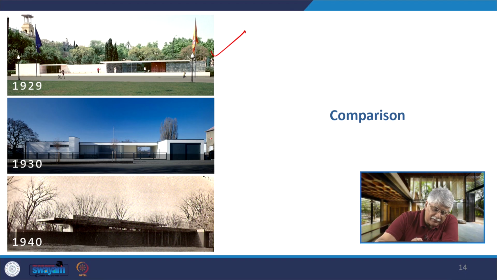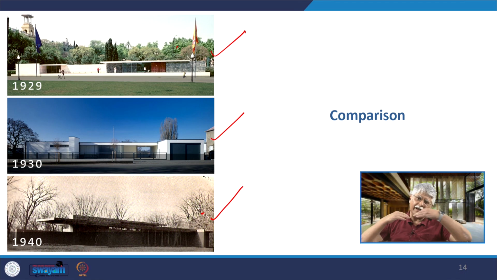This is Mies's own house design, the Tugendhat house in 1930, and this is the Goetsch-Winckler house by Frank Lloyd Wright in 1940. I had earlier also compared this house with the Barcelona Pavilion in the way the roof is cantilevered over the house, very similar to the way the roof is overhanging in Barcelona Pavilion.